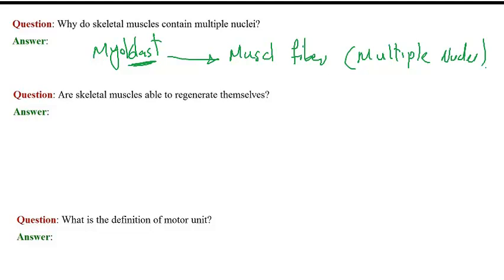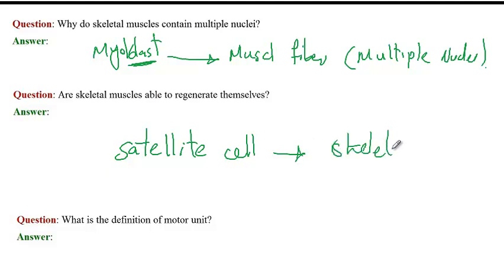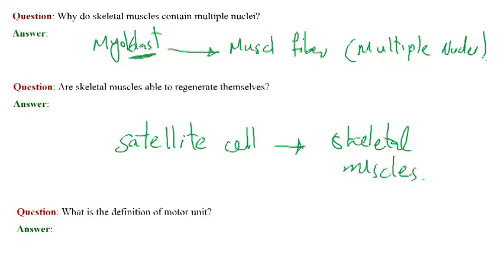But under extreme conditions where there is extensive damage to the skeletal muscles, there are some stem cells that are still around, called satellite cells, which can generate skeletal muscles. But under normal conditions, you don't usually see the skeletal muscles regenerating themselves.